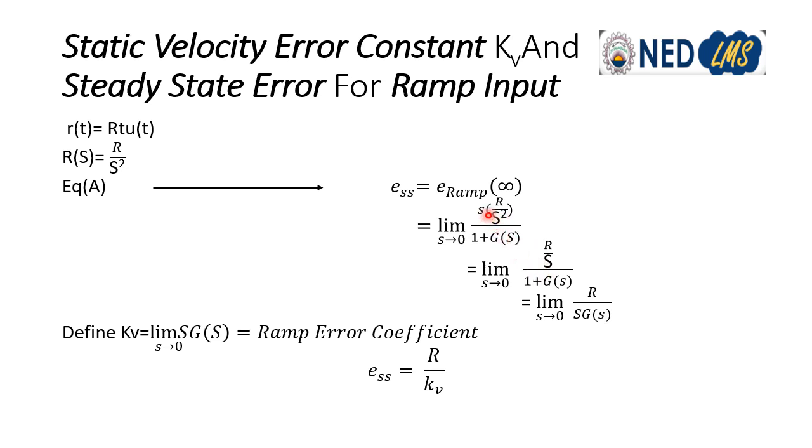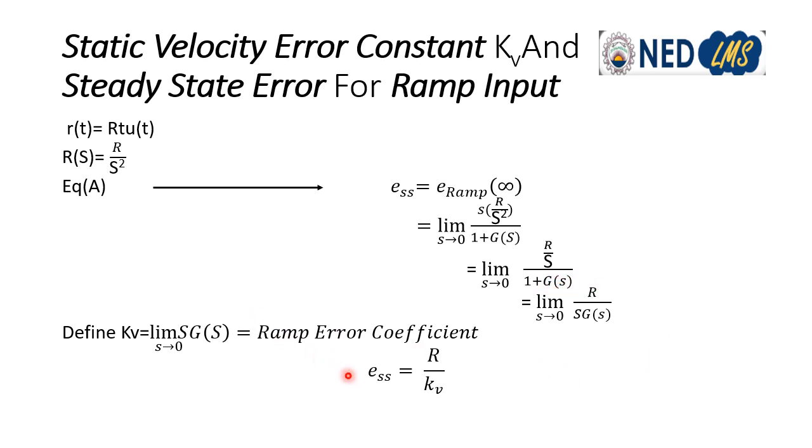Then one power of s will be cancelled here, and we'll get R upon s plus s G of s. When s is in the denominator, it will be multiplied by s, and when we apply the limit s tends to 0, this term will become 0, and this term will become s times G of s.